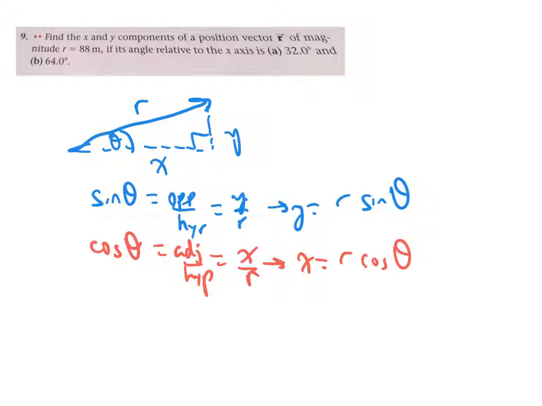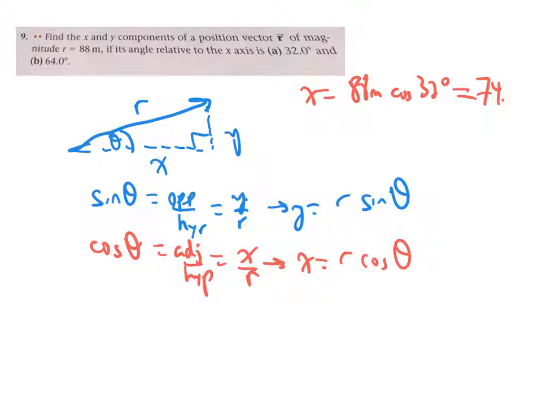I'm going to get myself some more space. I guess I'll go up to the top here. For x, in part A, we have 88 meters times the cosine of 32 degrees, which comes out to be 74.6, keeping really 75 because of the sig figs.